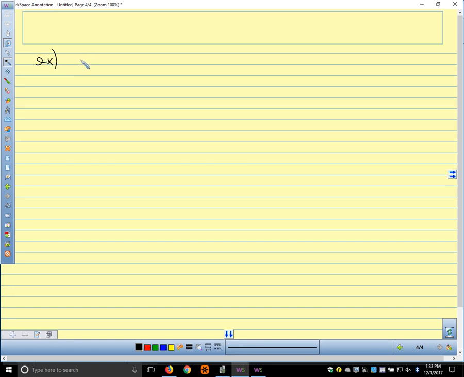All right, this example has a couple of things that we have to be careful of. We want to expand this. I'm going to rewrite this. I wouldn't have to, but I just want to get my variable first.